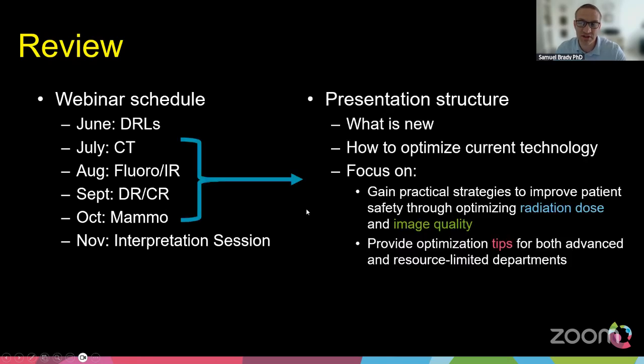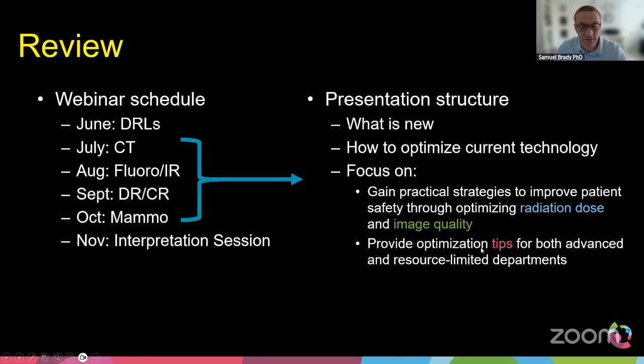In those presentations going forward, what I will be doing is sharing with you some of the new technologies, some of the things that are coming in the future so that we can prepare for what will happen soon, but focusing mostly on how to optimize the current technologies, what we have today in our hospitals and our imaging clinics, with the focus on improving optimization for radiation dose and image quality.